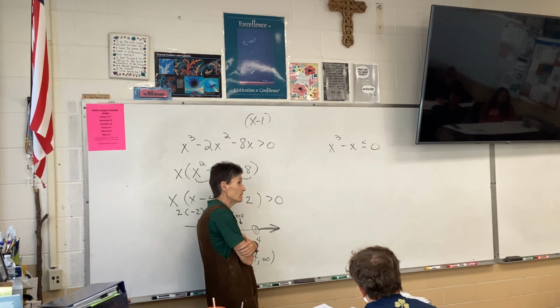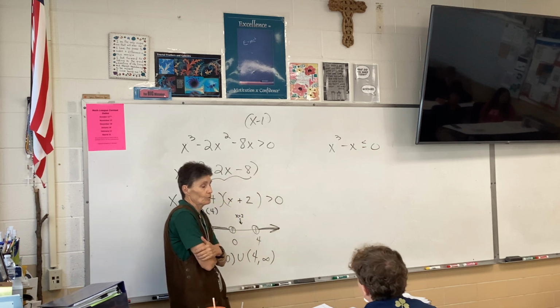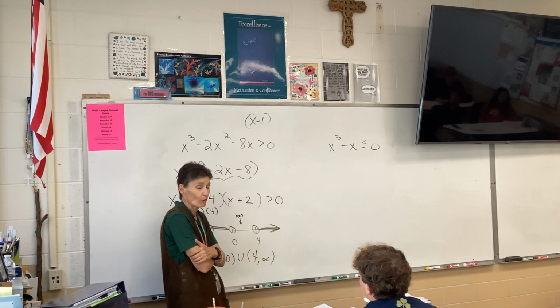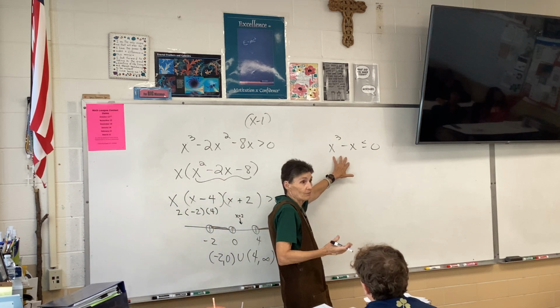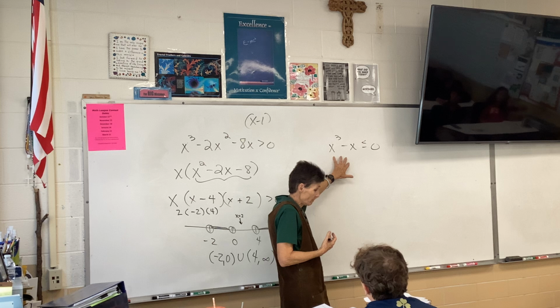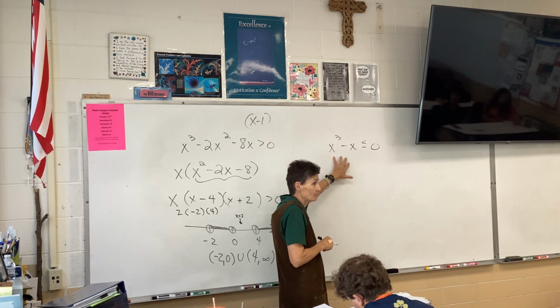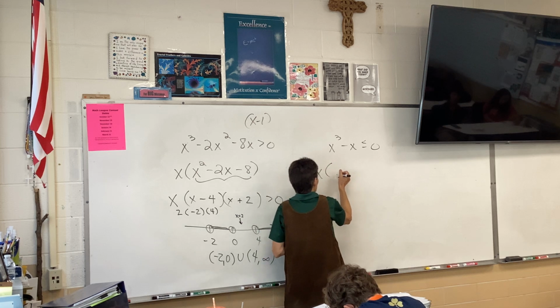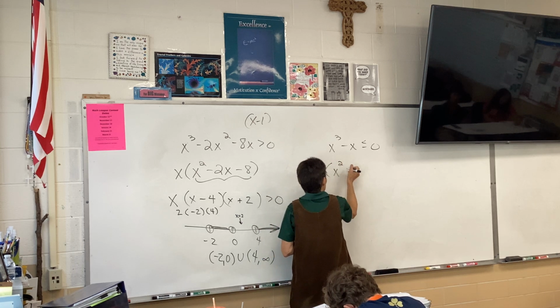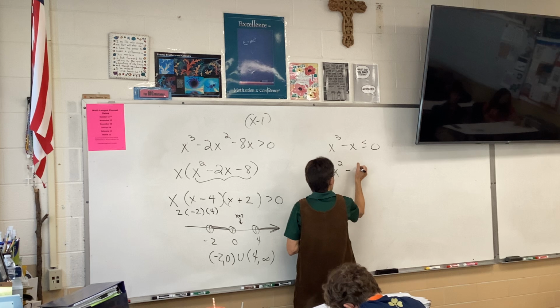We will learn, I think it's chapter 2, how to factor harder problems than this. But right now, I see a GCF, do you? So whenever I see a GCF, I take it out. So what am I taking out? x. What am I gonna have left? x squared minus 1.